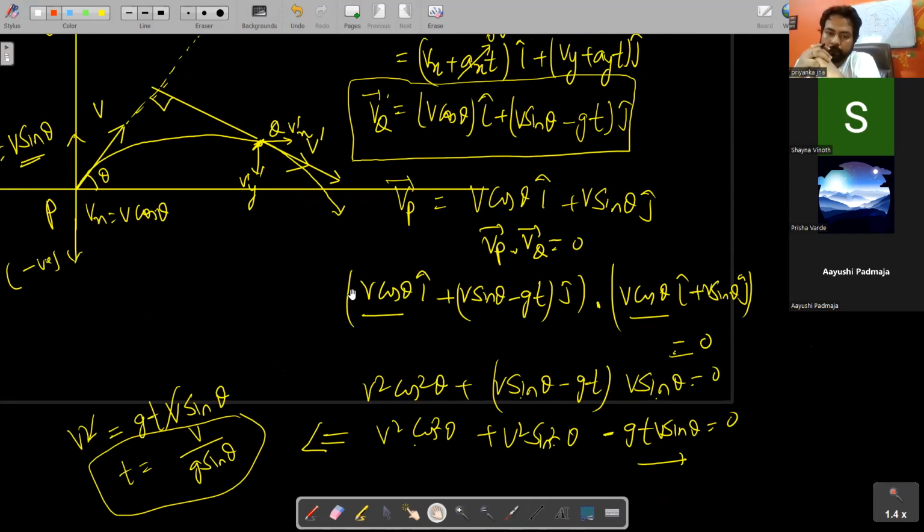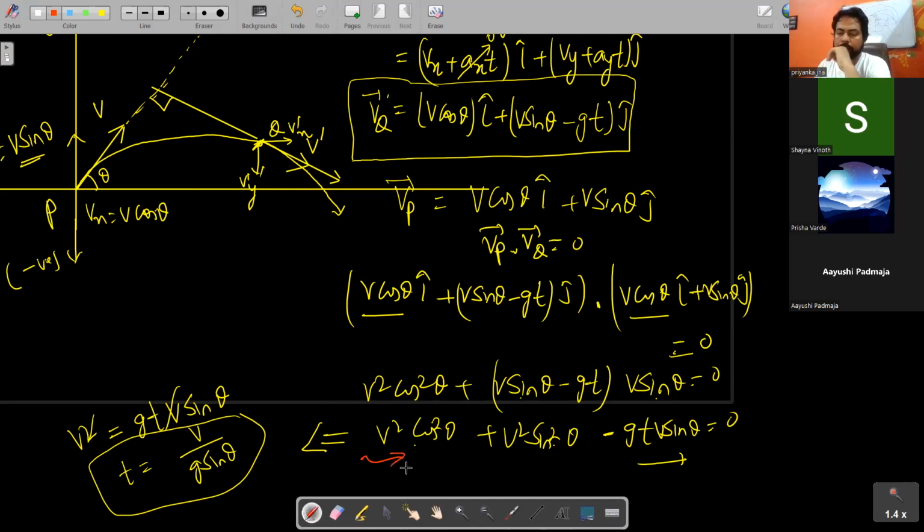So is that V square? Oh yeah, okay. V square cos square theta plus V square sin square theta minus gt V sin theta. Can you explain the last step again? After V squared cos square theta.